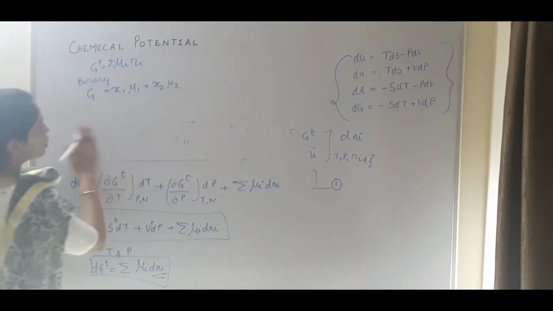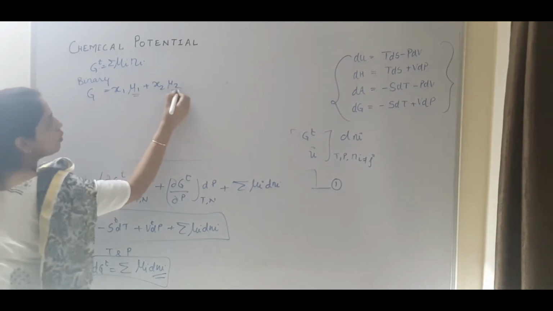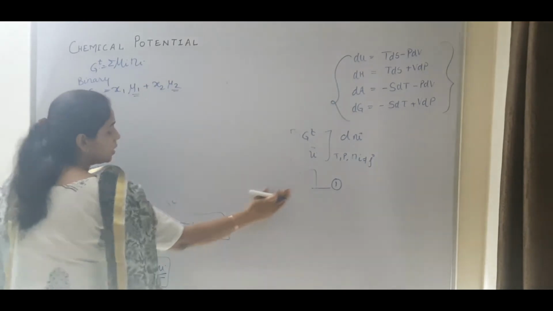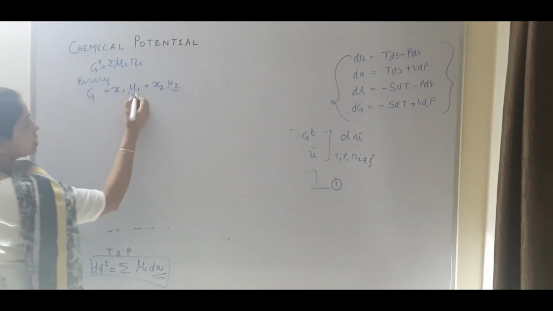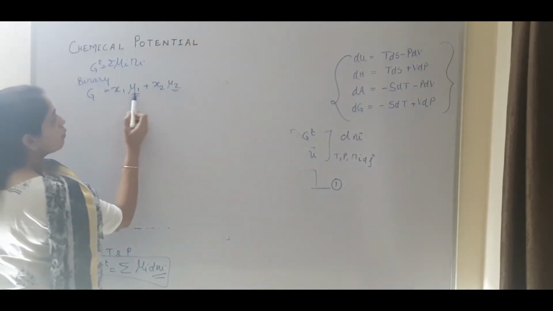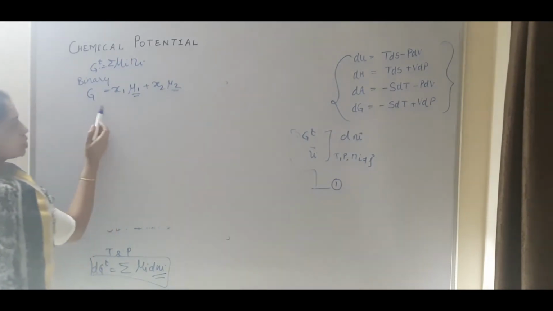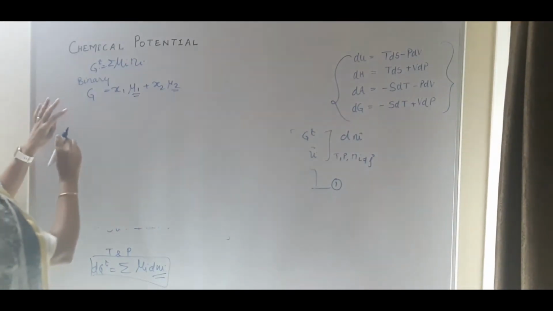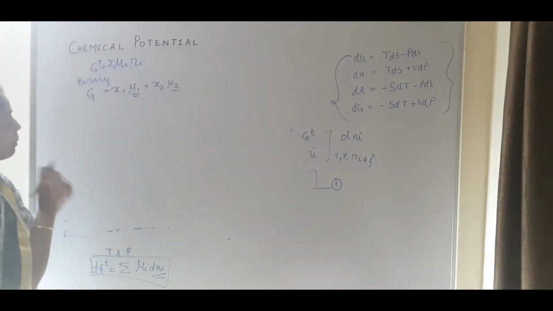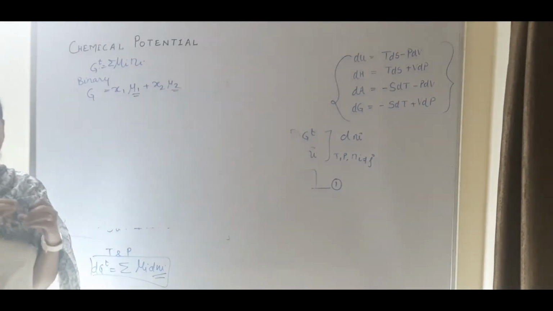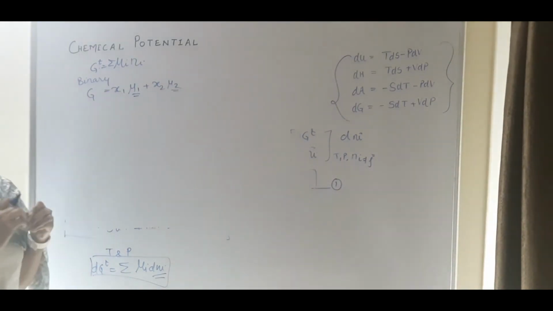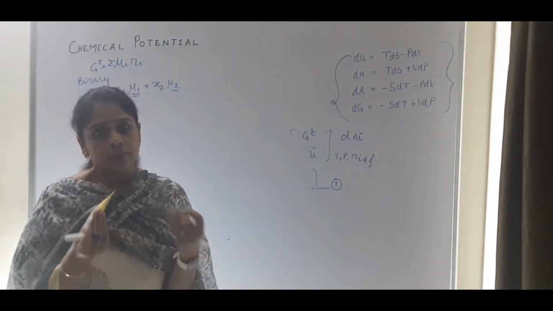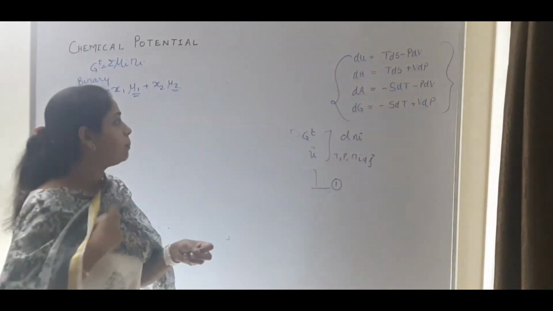So from this equation we come to know that the chemical potential of a component seems to be the contribution of that component to the total Gibbs free energy of the solution. So the chemical potential is an important property of the solution, and it helps us to derive relationships and to study chemical equilibria and phase equilibria.